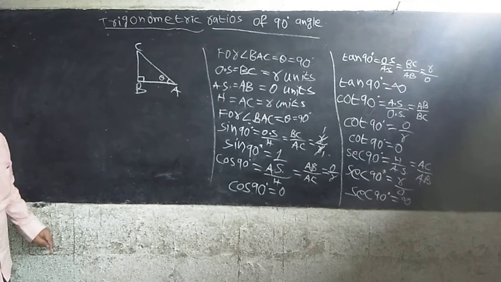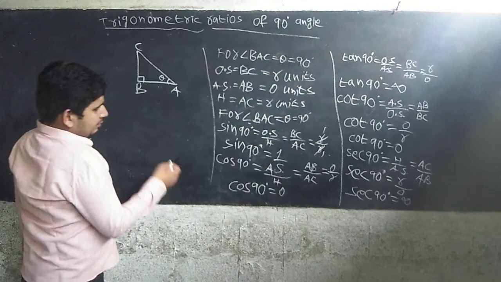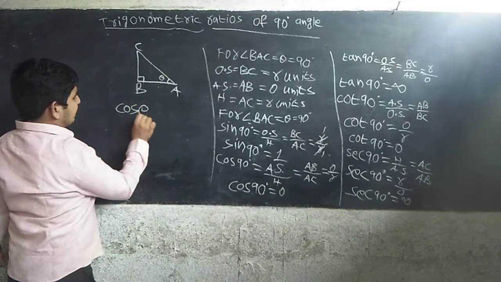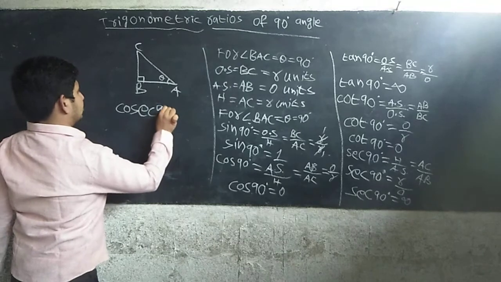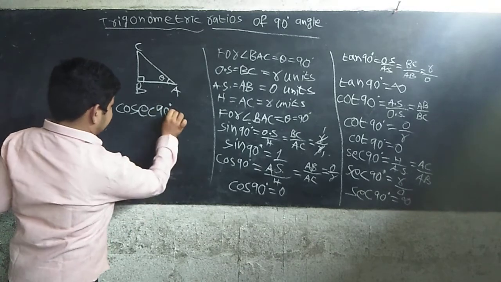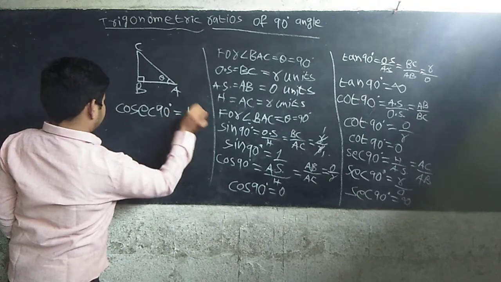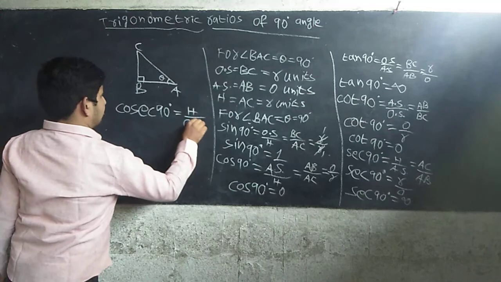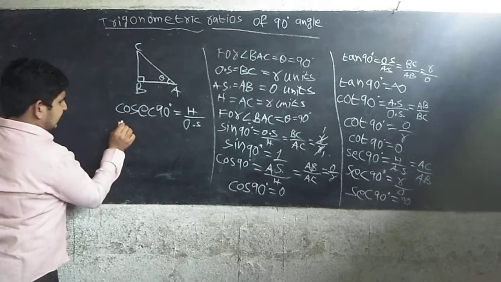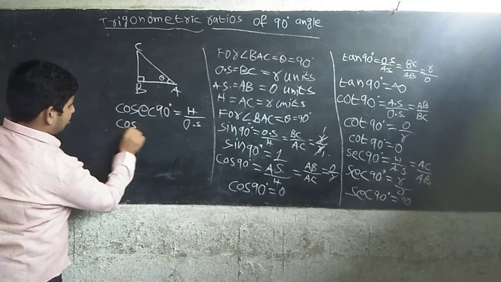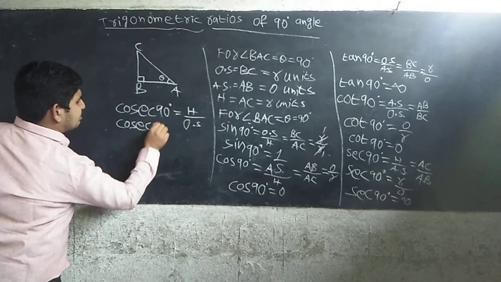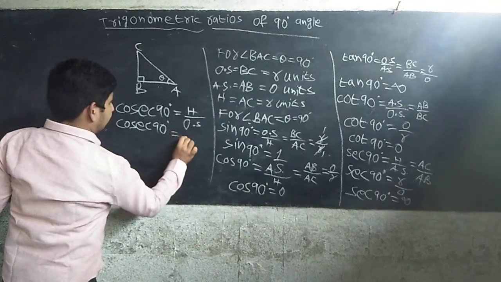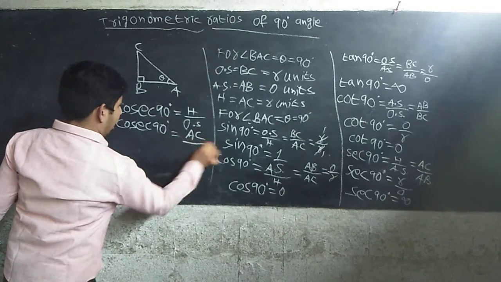Cosec 90 degrees is equal to hypotenuse by opposite side.